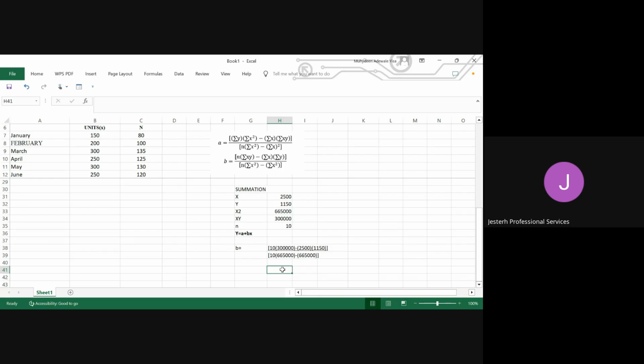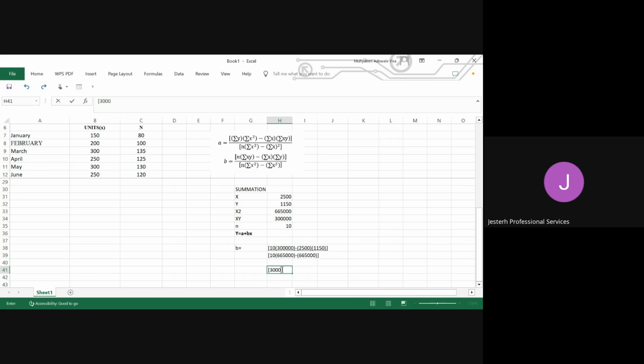Now, if you are with your calculator, I want you to try it on your own side, while I'll be calculating it at my side here. We'll say 10 multiplied by 300,000. Now it gives us 3 million.